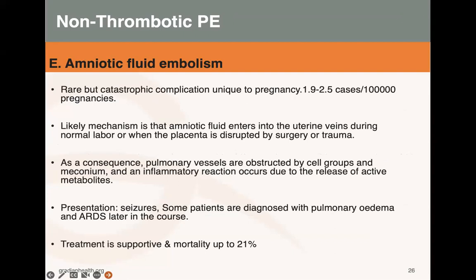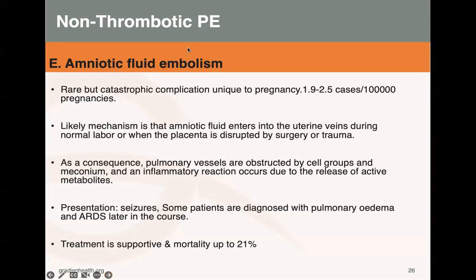Another cause of non-thrombotic pulmonary embolism is amniotic fluid. It's a rare but catastrophic complication unique to pregnancy, so it occurs only in pregnant women, in 2 to 3 cases per 100,000 pregnancies. The likely mechanism is that amniotic fluid enters the uterine veins during normal labor or when the placenta is disrupted by surgery or trauma.